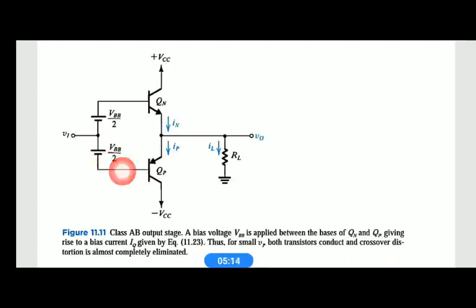So therefore at the zero crossing there is no distortion available here.